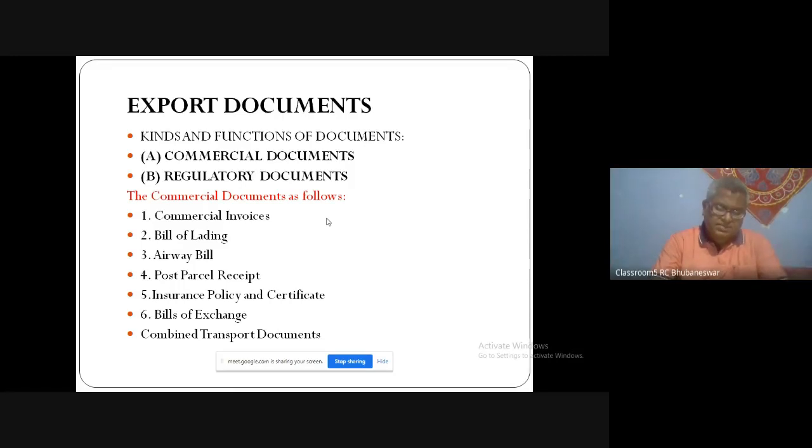Next is that membership in certain bodies is necessary. I have already stated this in the previous class. Membership means obtaining membership of different councils, promotion councils, trade business promotion organizations, or international trade organizations that help and support the exporting of goods. Next is that registration is necessary, and it is obtained from export promotion councils.